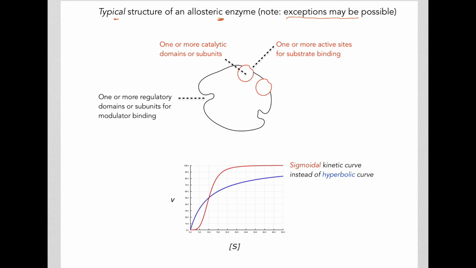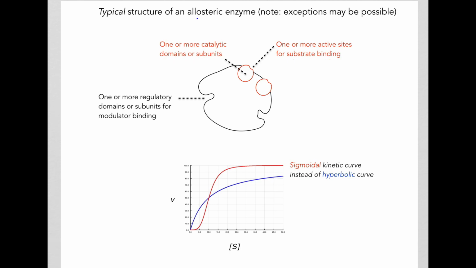There are exceptions. So a typical allosteric enzyme has one or more catalytic domains or one or more catalytic subunits. Each of these catalytic domains would have an active site. So there will be one or more active sites present on the protein where the substrates will bind.